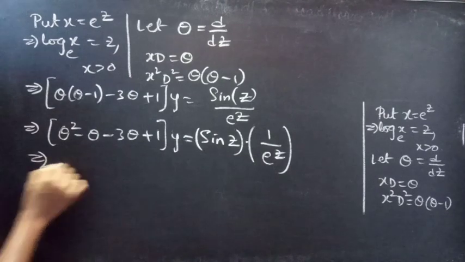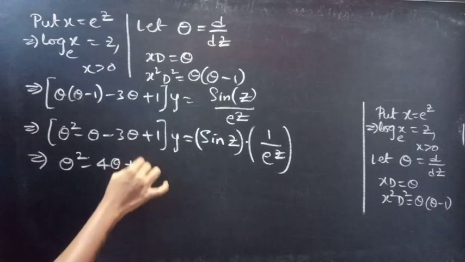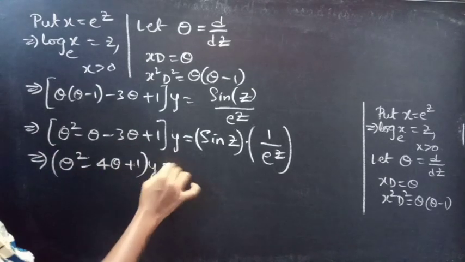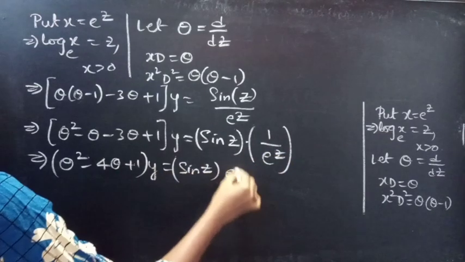Then this equation becomes theta square minus 3 theta minus theta, that is minus 4 theta, plus 1 into y equals to sine z into 1 by e power z, which is e power minus z.